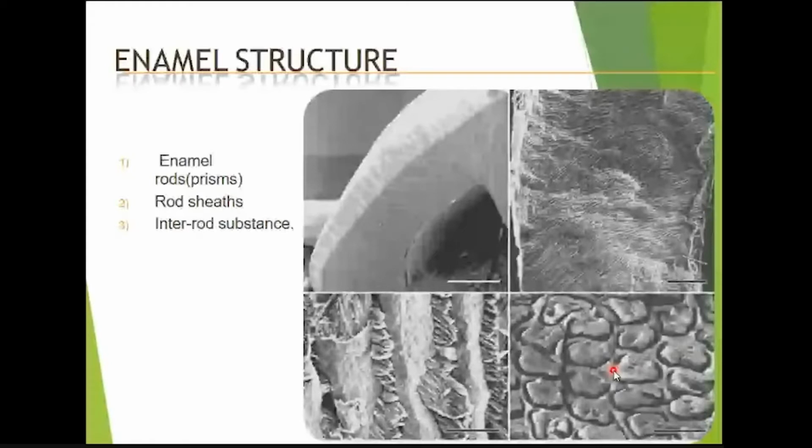And rod sheath, this is the rod sheath. And interrod substance, from its name, interrod, I mean between the rods. So what do we find when sectioning the enamel? We find the basic unit of enamel, what we call enamel rod or enamel prism, the same name. And we also find rod sheath and interrod substance.